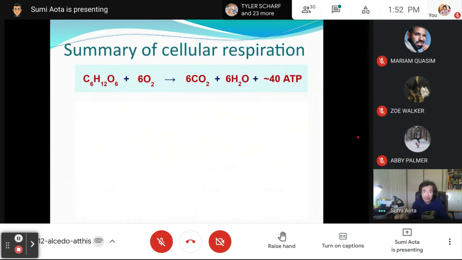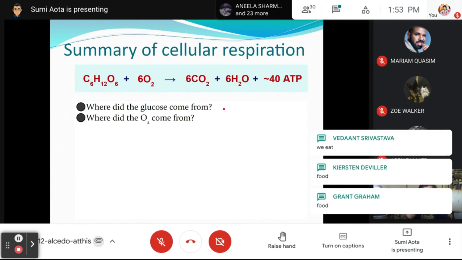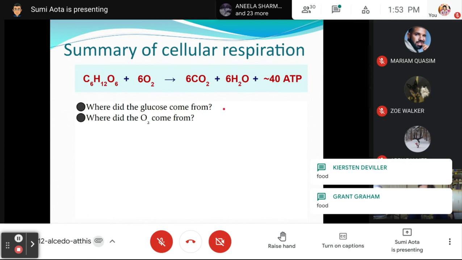So, summary. There's your equation, and very approximately 40. Where does the glucose come from? These are a series of questions. Our food. Where did the oxygen come from?